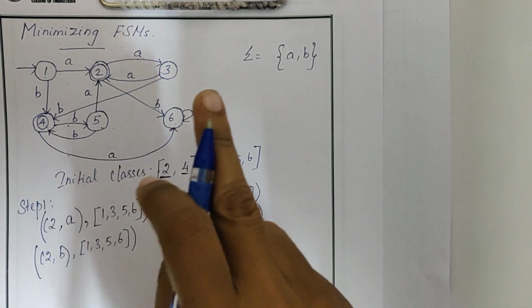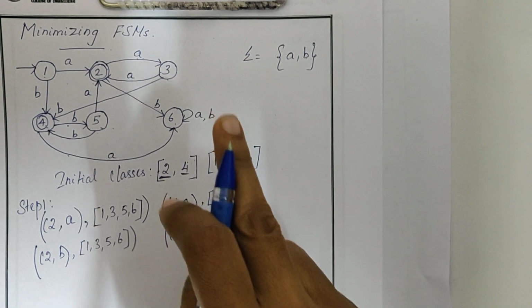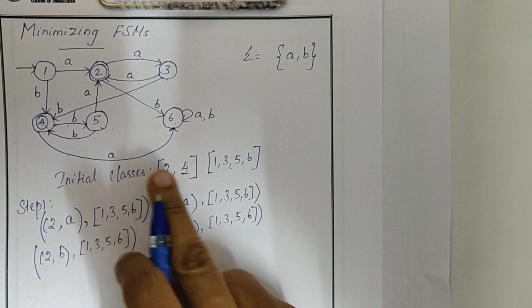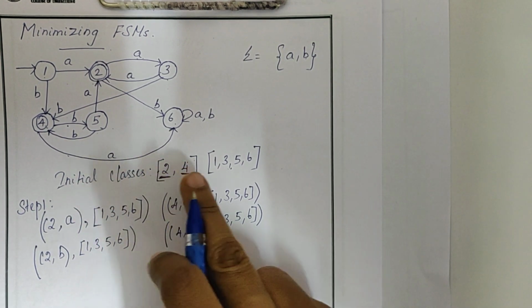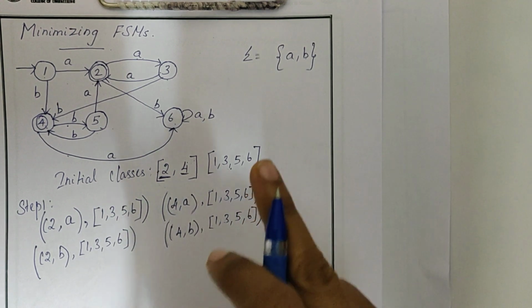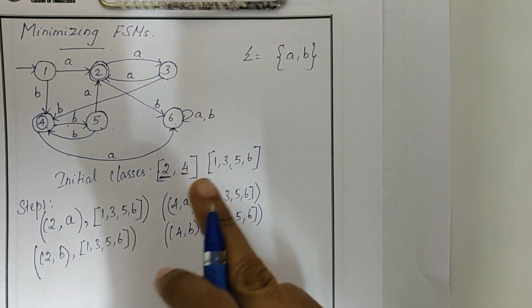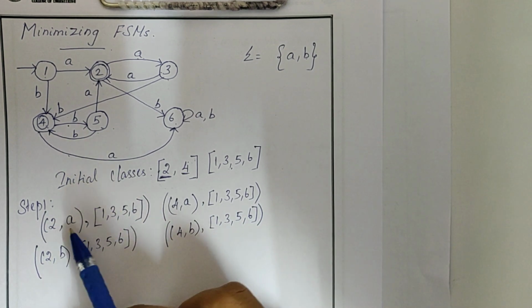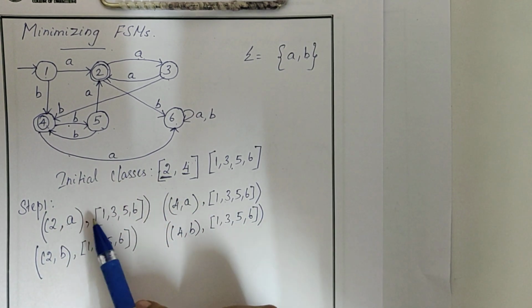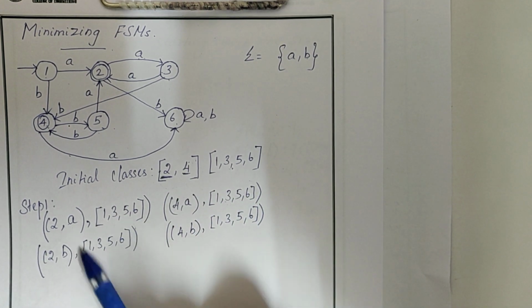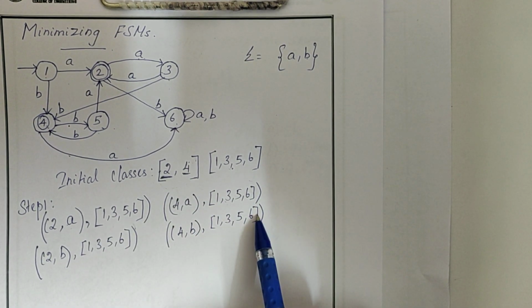I can say a class is equivalent when, on taking an input, both the states move either to a final state or to a non-final state. Now you see 2 and 4: when they take A input, they move to non-final, and similarly when they take B input, they move to the non-final class.